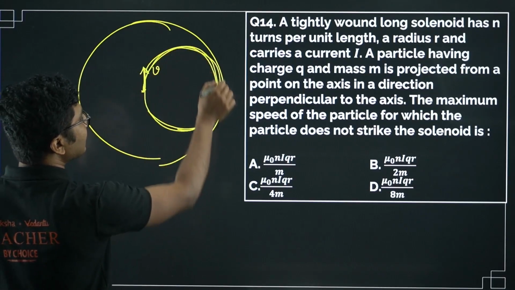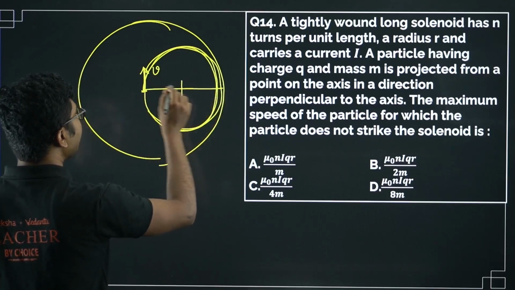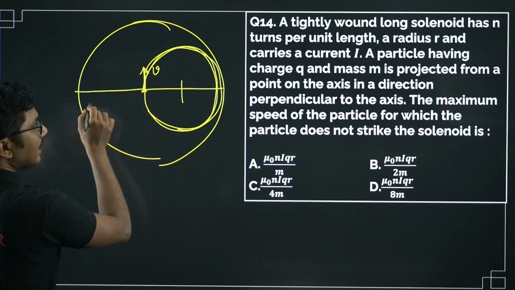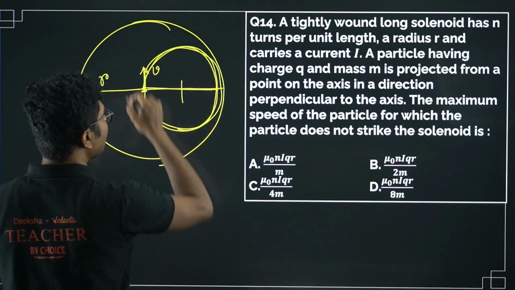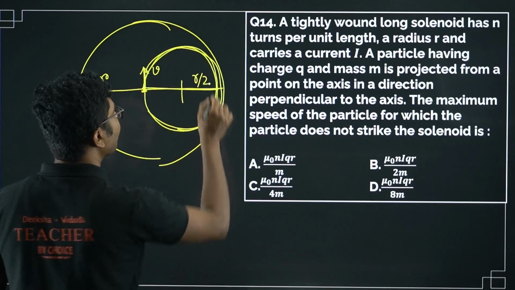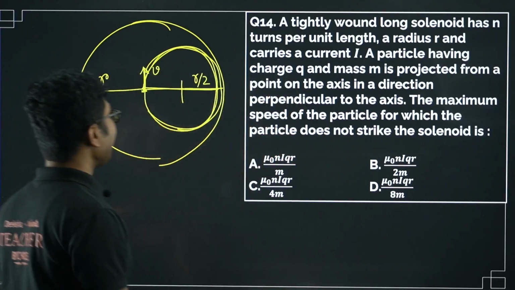Now, without touching the solenoid means the radius of the solenoid is small r. So that means the diameter of the circular path must be r, and the radius of the circular path must be r by 2.